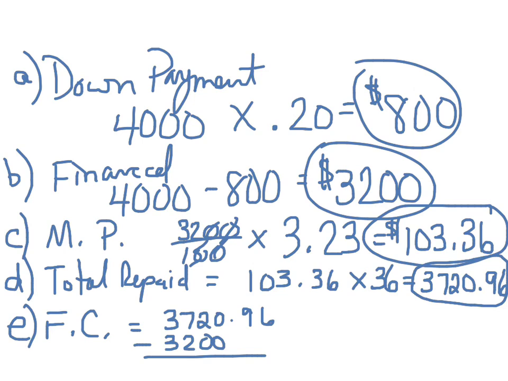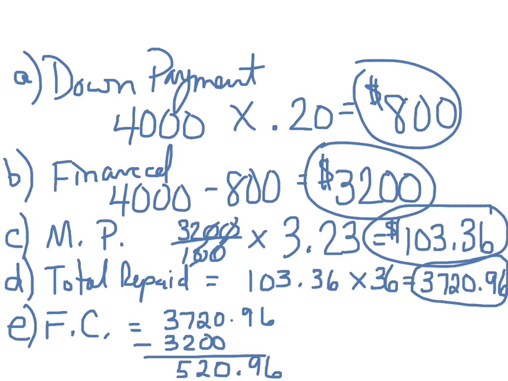So what is 3,720.96 minus 3,200? Is this what you did on Tuesday? $520.96. Absolutely. Nice job.